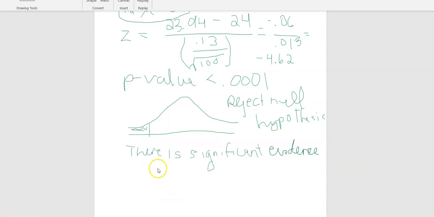We say there is significant evidence with p-value of less than 0.001 to reject the null hypothesis.